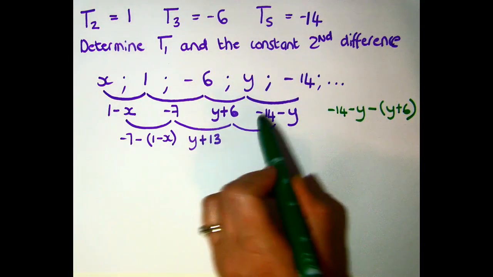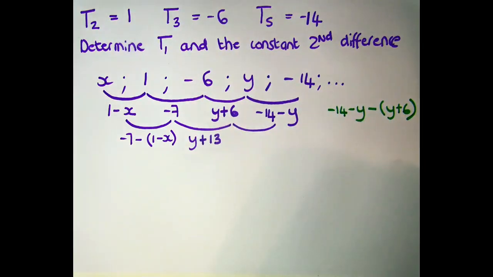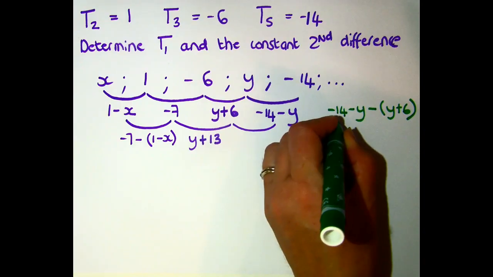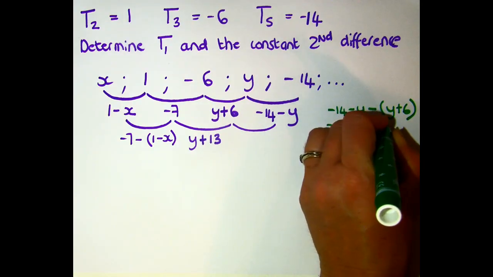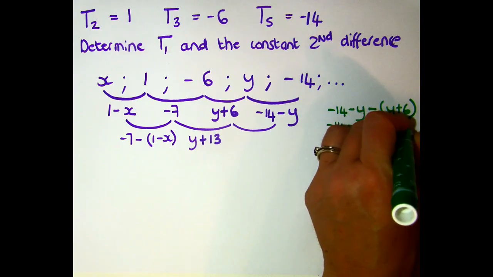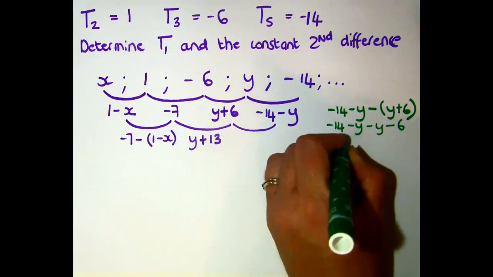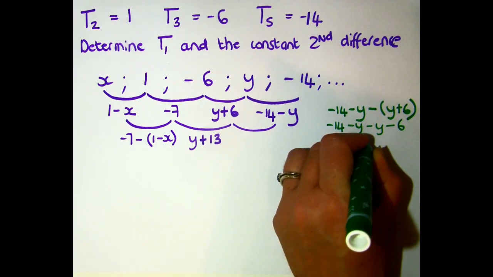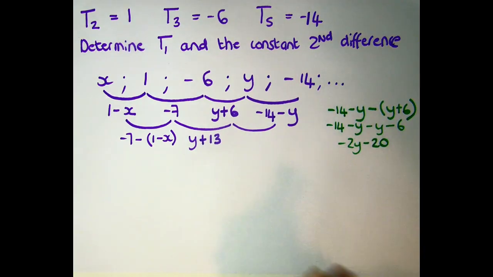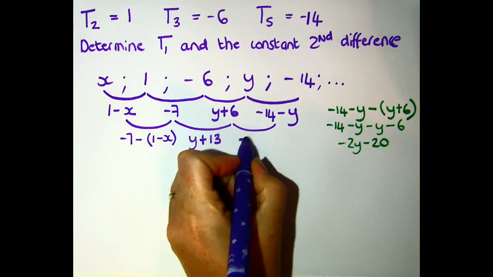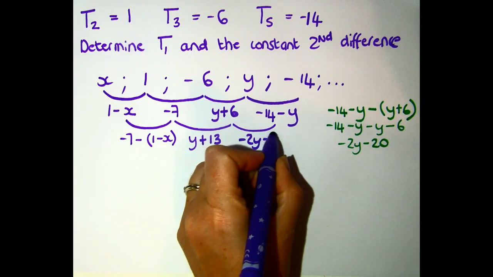So I've got this one, subtract that one in brackets. So I'm going to have negative 14 minus Y minus Y minus 6. So I end up with negative 2Y minus 20. Okay, so this one is negative 2Y minus 20.